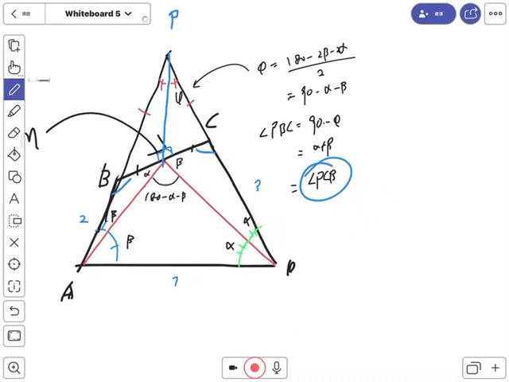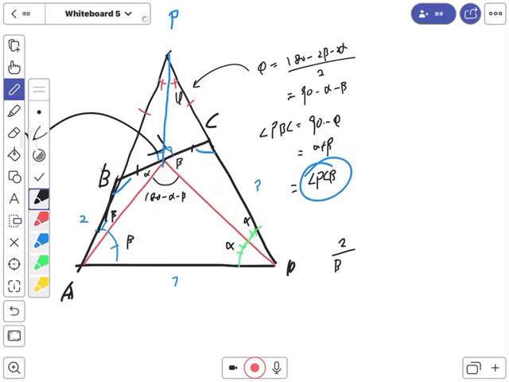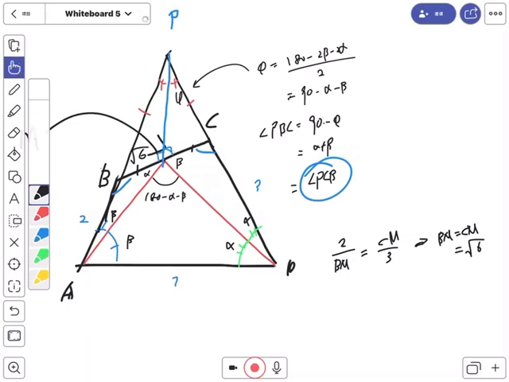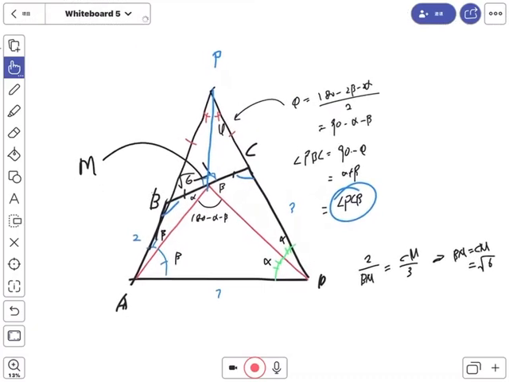This tells us 2 over BM is equal to CM over 3, but BM is equal to CM. So this gives us BM equals CM equals square root of 6. So BM is equal to CM, and they're both square root of 6.